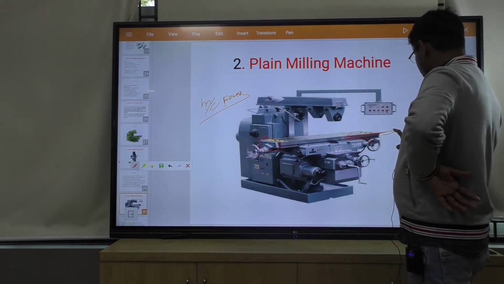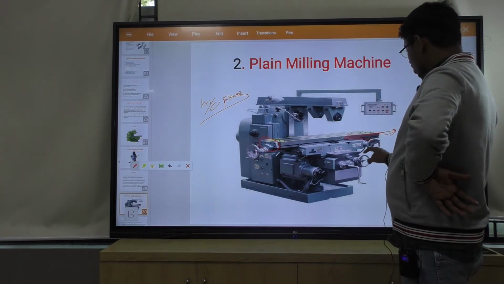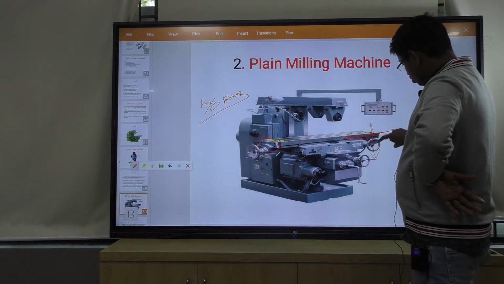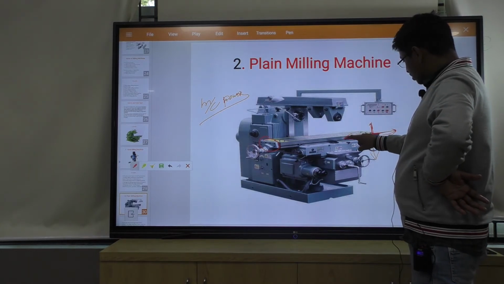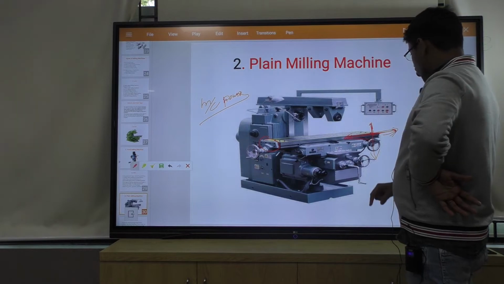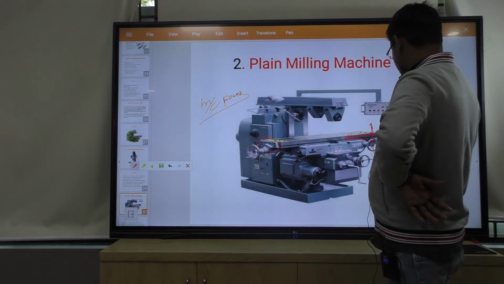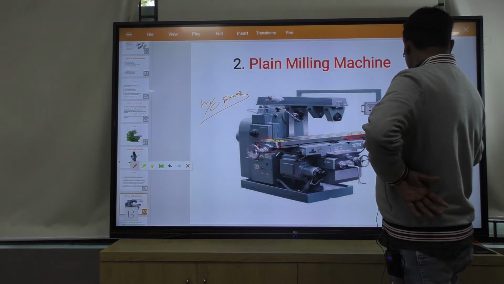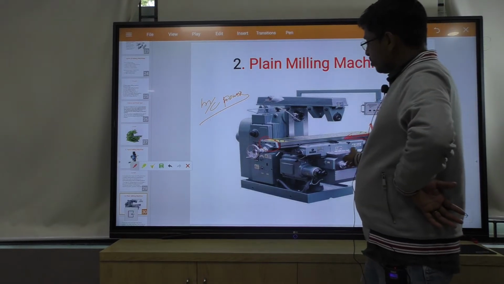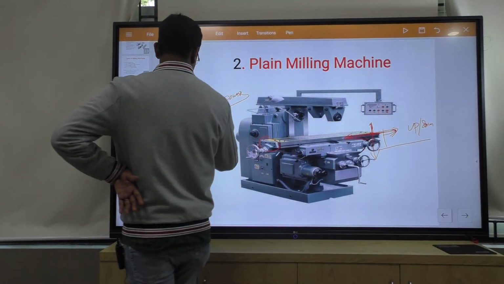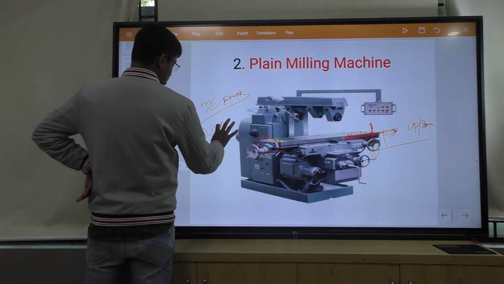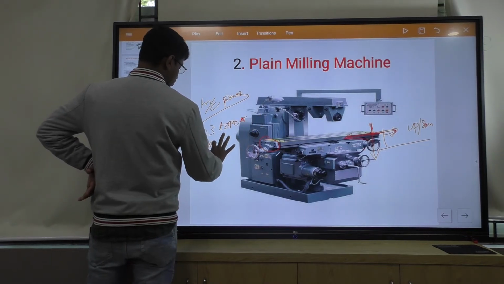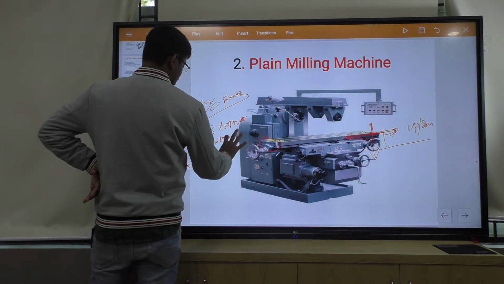These milling machines, this table can move in longitudinal directions, also it can move in crosswise directions, and also move up and down. So, this bed has three types of motion.